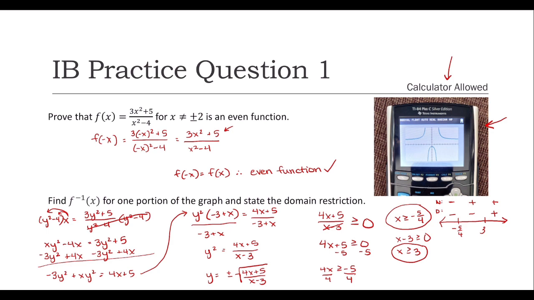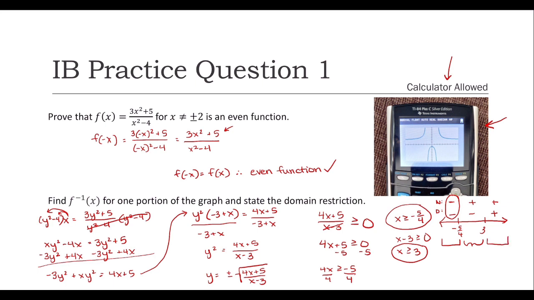So they're both negative in this first section, and a negative over a negative is a positive. So the inside of our square root will be positive in this section, and then positive over negative is negative. So x cannot equal the values in here, and then positive over positive is positive. So this will be included in our domain.